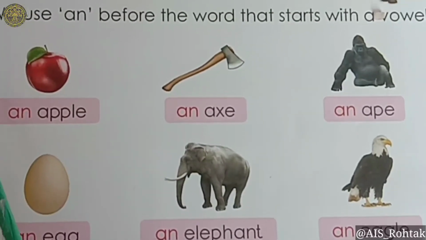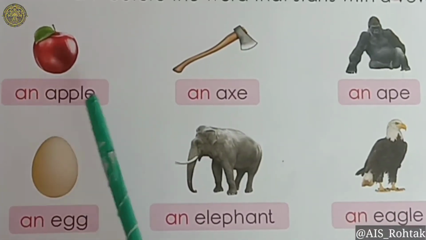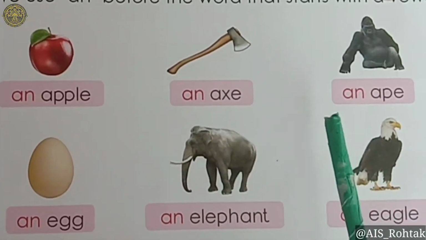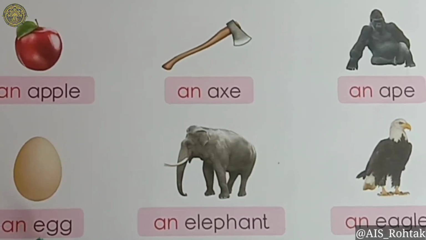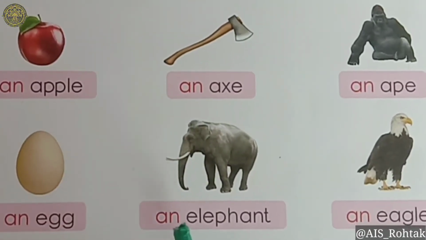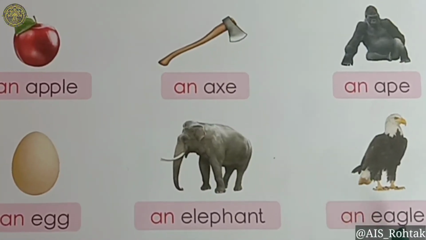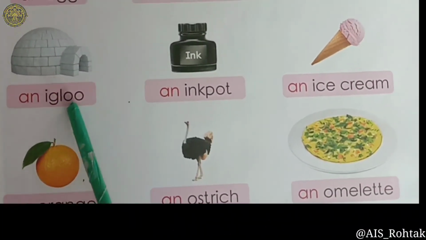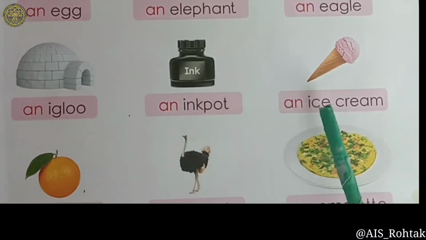Let's revise it from Tinker Book. An apple. An ax. An ape. An egg. An elephant. An eagle. An igloo. An inkpot.